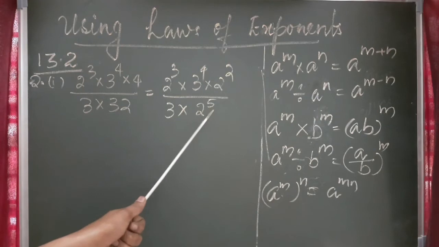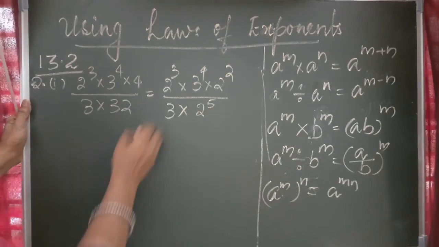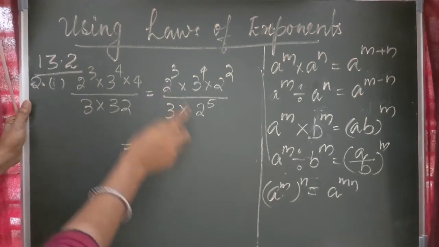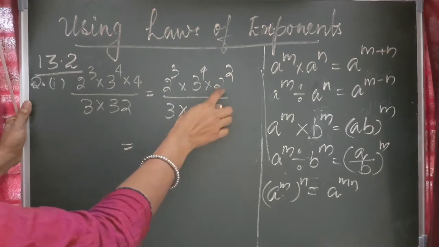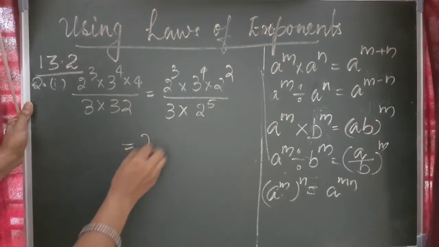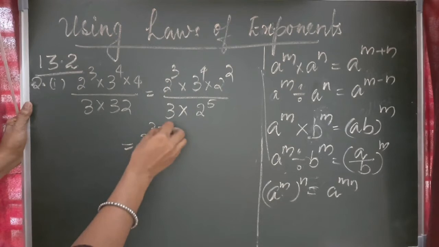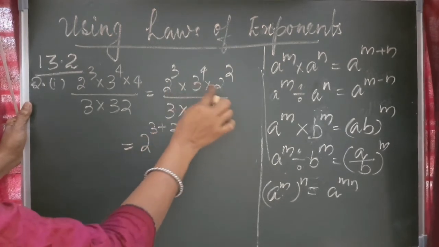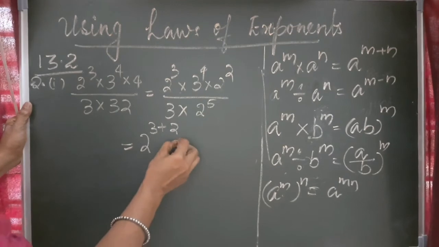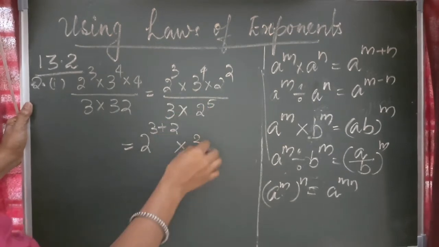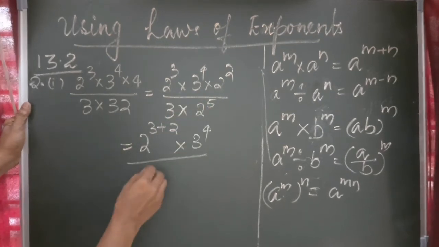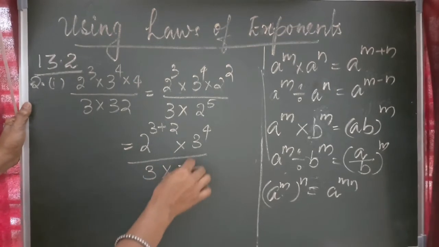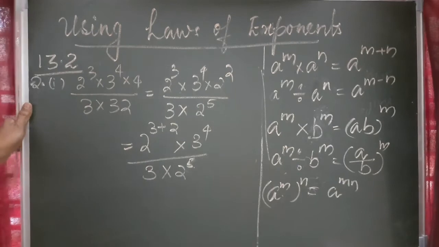Now let's take the common terms, 2 raised to 3 and 2 raised to 2. What do we have to do? 2 raised to 3 plus 2, because this is multiplication. So 2 raised to 3 plus 2 into the remaining 3 raised to 4, divided by 3 into 2 raised to 5.